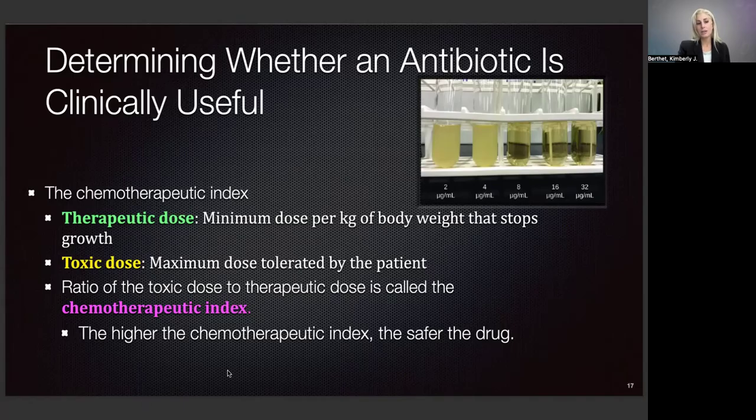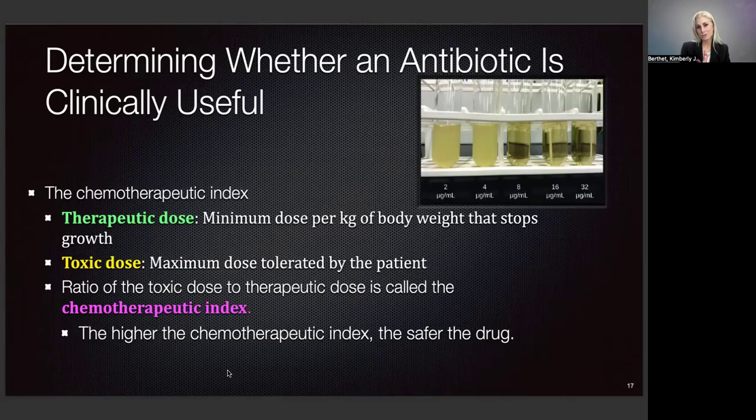When we look at the chemotherapeutic index, we're looking at toxic dose to therapeutic dose. So we're looking at that ratio of how much can we give them without harming them. This is important because many of the antibiotics that are found are great and they kill microorganisms, but unfortunately, their chemotherapeutic index is not good, meaning that their therapeutic dose and toxic dose are right next to one another.